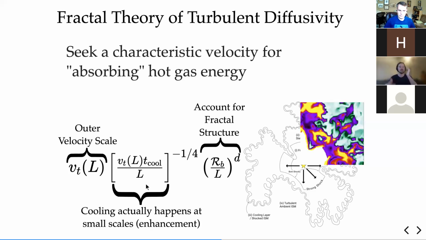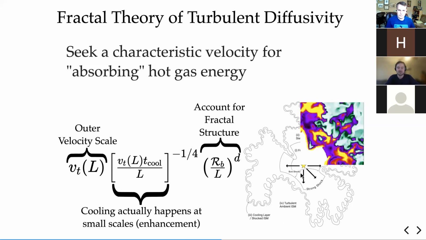Finally, I said that you have this turbulent cascade from larger scales to smaller scales, and the only scale that matters in terms of the cooling is this small-scale cooling length, because that's where all of the actual energy is being lost. But the larger-scale turbulent cascade sets up a fractal interface between the interior of the wind bubble and the background.